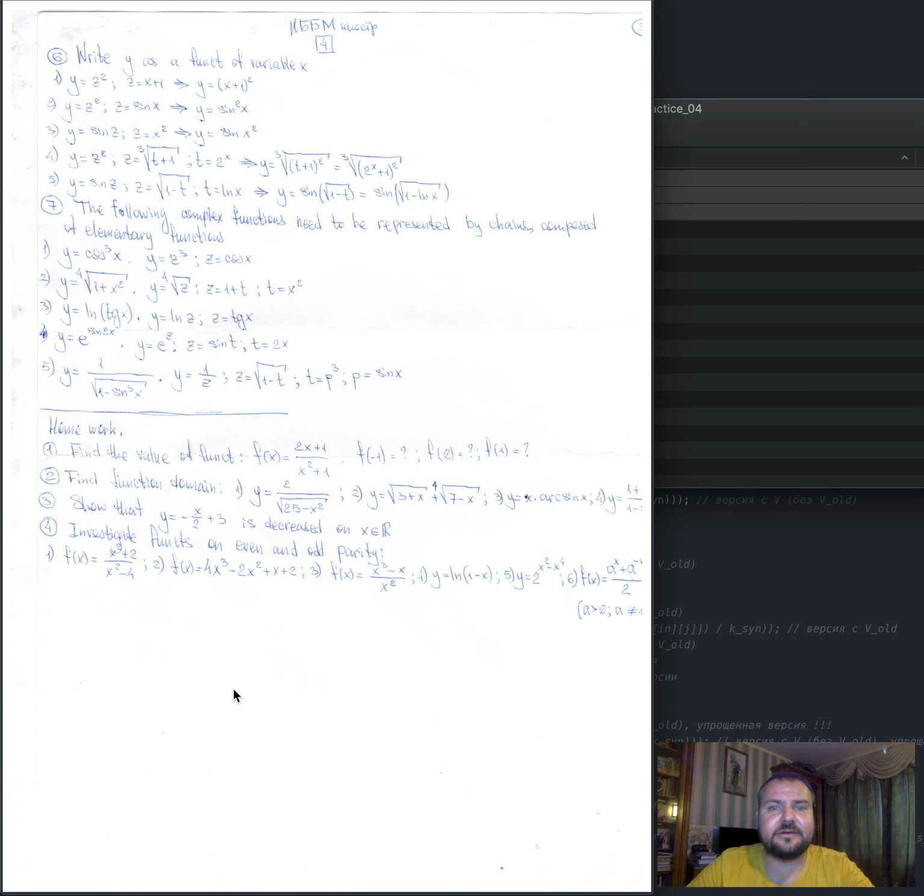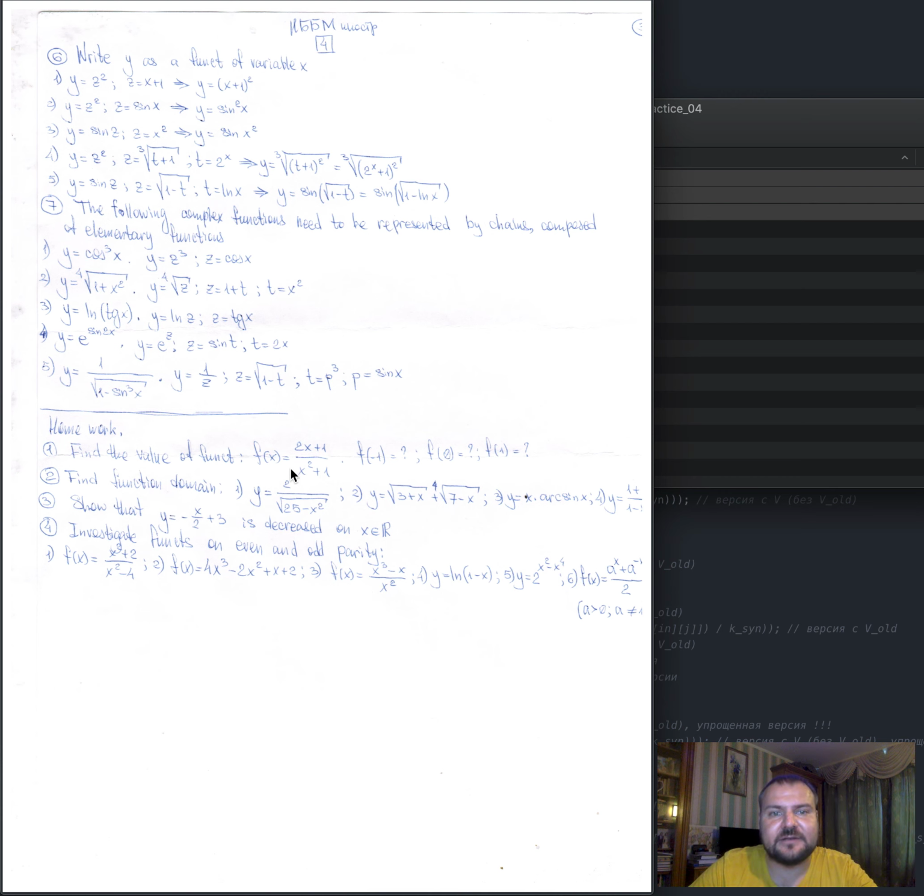Your homework, this is the homework for the next lesson. First, find the value of the function (2x plus 1) divided by (x squared plus 1). You need to find the value of the function f of x minus 1, 2, and 1. The second, find the function domain.